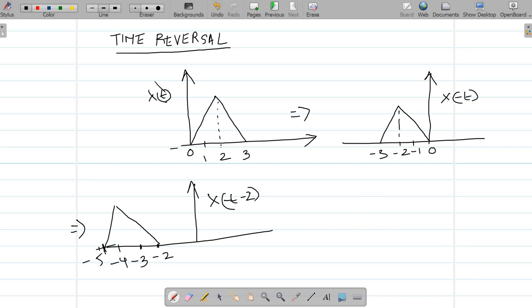Suppose I take this signal and then try to delay it by 2 units. If I want to delay it by 2 units, what will the wave shape be like? In that case, the wave shape is going to be something like this.